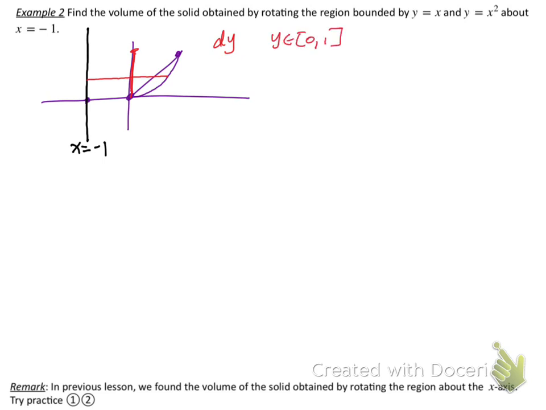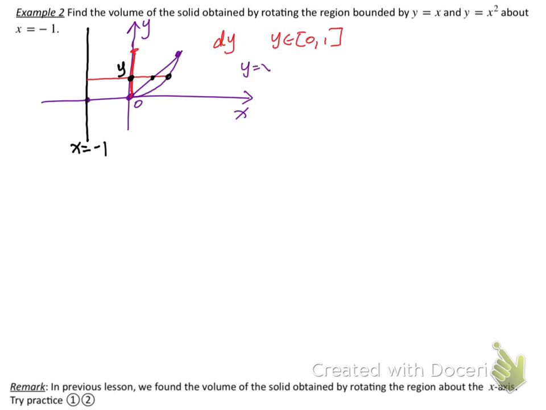Now for a random y, this is the y. Sorry, let me give you my axes so you know this is where the origin is. This is x. I need to get this point and this point in terms of y. y equals x, so x equals y.